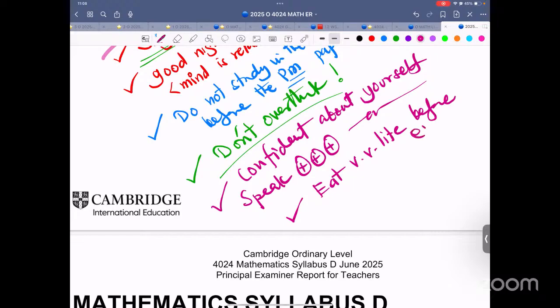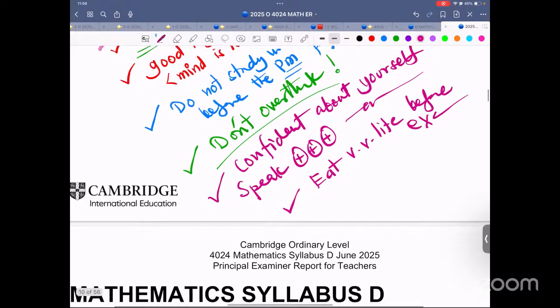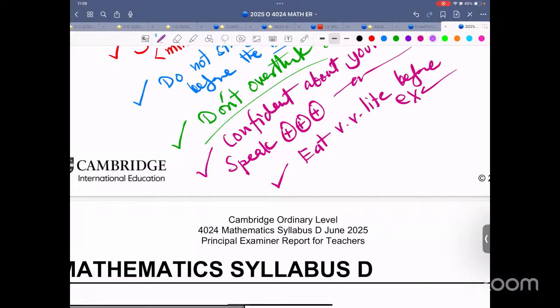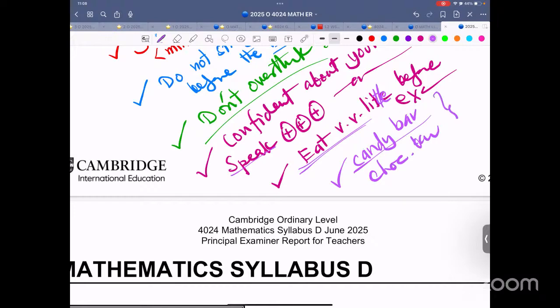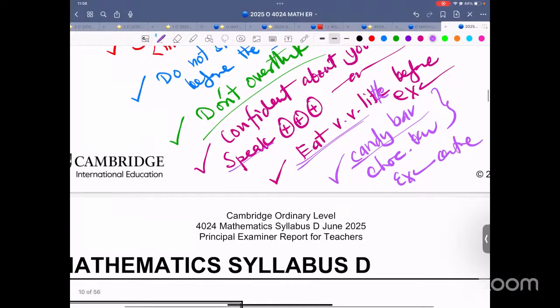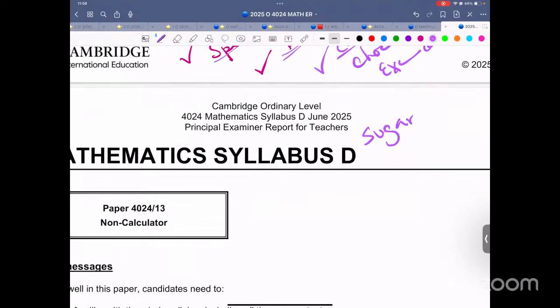After exam, you can try things out and you can eat as much as you like, but before the exam, just relax a lot. And what else is there? Eat very, very little before exam. And something like a candy bar, something like a chocolate bar. Take it with you and go in the exam center so that that sugar rush will help you out.